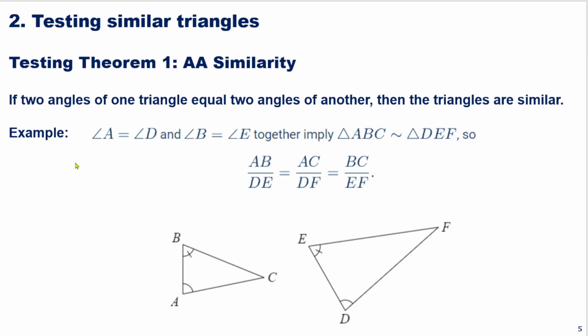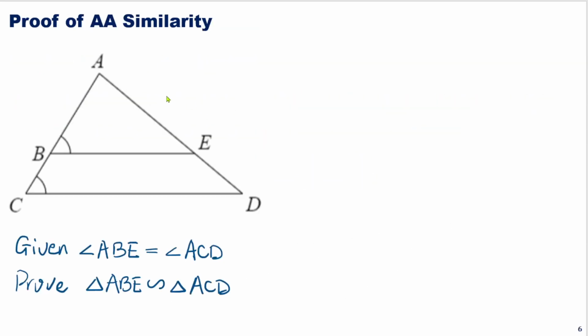Okay, have we finished? Now let's talk about how we can prove this theorem is actually true.